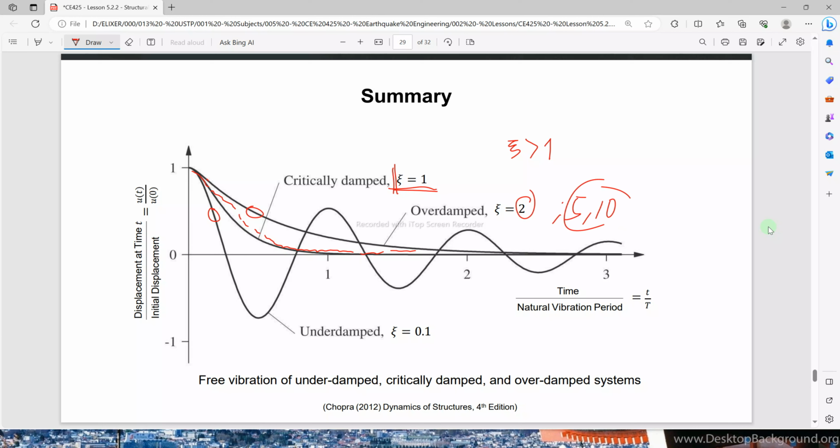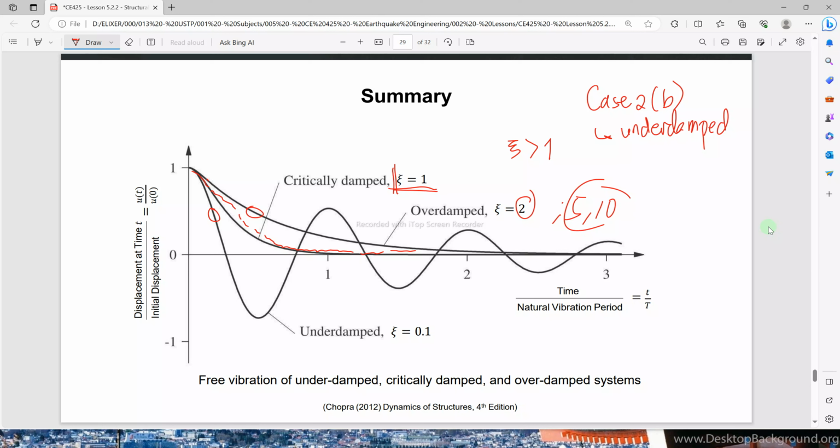The most realistic representation of a structure is case 2B. If we apply displacement on a structure, it will oscillate and eventually come to rest. So in a structure, it is impossible to have an overdamped one.